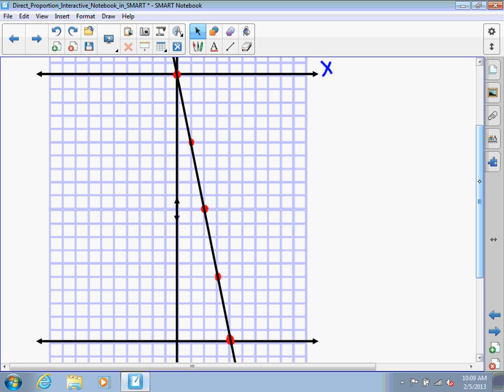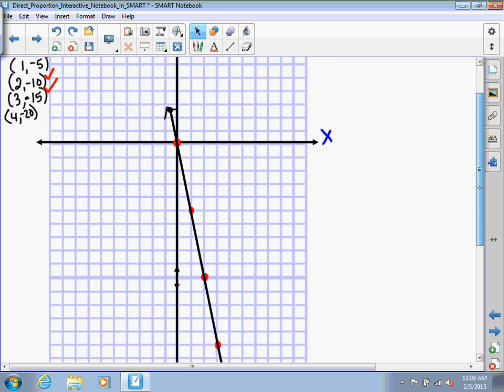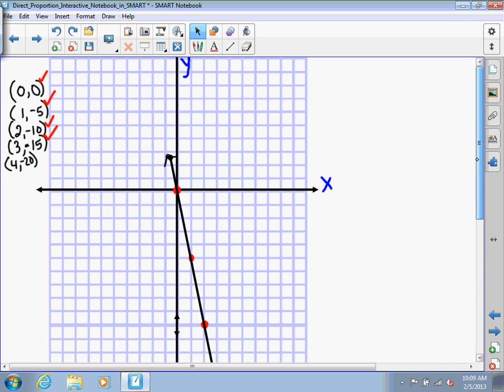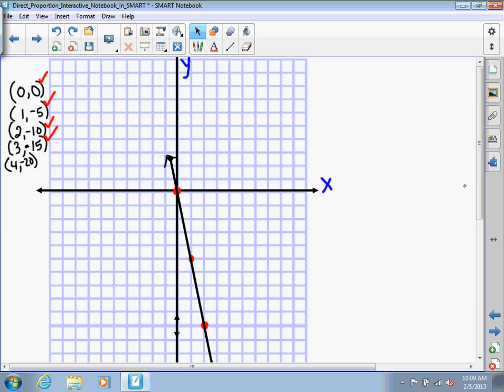Make sure you have arrows on both ends. If yours looks weird, it's got a curve in it, that means that you have misplotted a dot. Okay, everybody have that? Yes? Are we good there? Any questions? No?